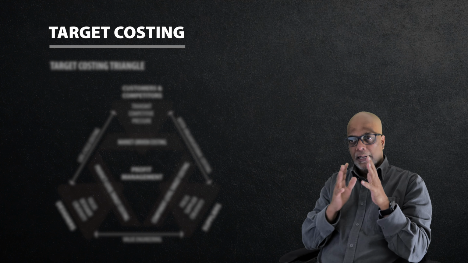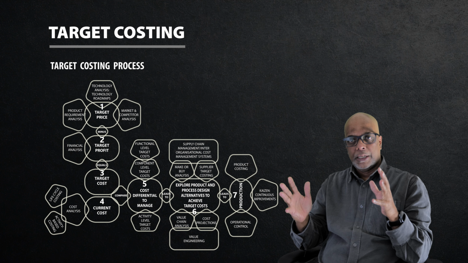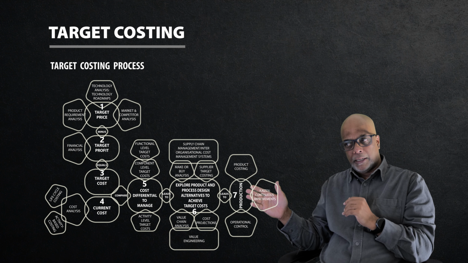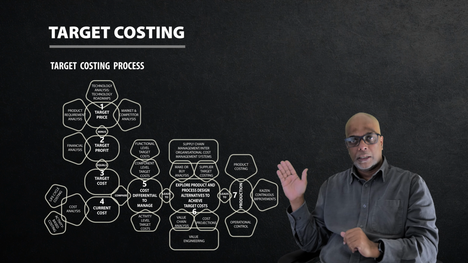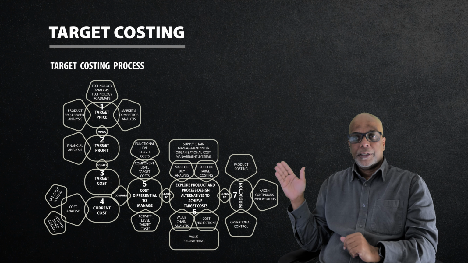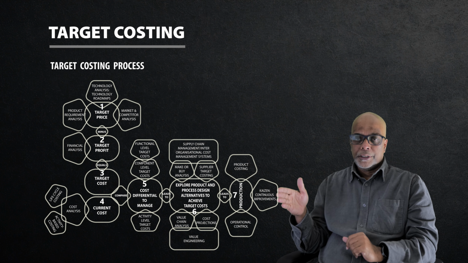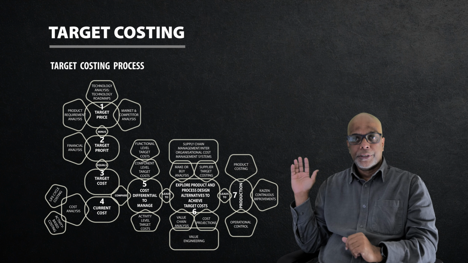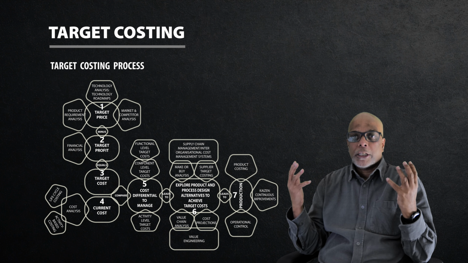And then finally, there is a specific process through which target costing happens, starting from the market up to the supplier. So this diagram summarizes that target costing process. And this is explained in this pricing chapter as well as in cost management chapter, because this is important in both dimensions.